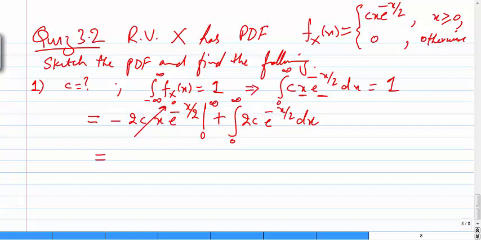For the next one, when we do the manipulation, it becomes minus 4c e^(-x/2) from 0 to infinity. When we put in the values, it becomes 4c. As this is equal to 1, this implies that c is equal to 1 by 4.